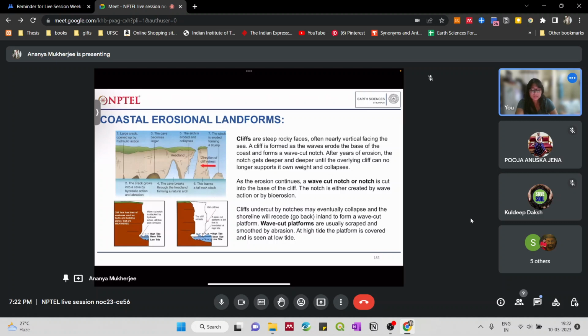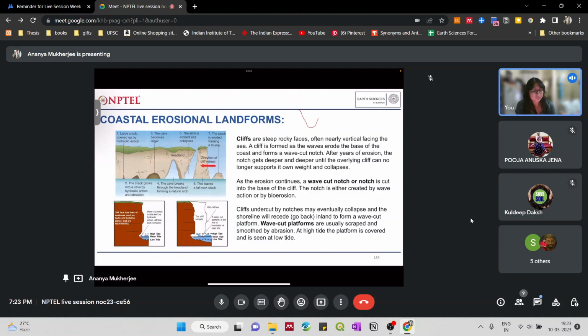These are usually at mostly rocky beaches, or areas where there is a lot of land mass, maybe not many rivers around that area, so these landforms will be a part of rocky beaches.